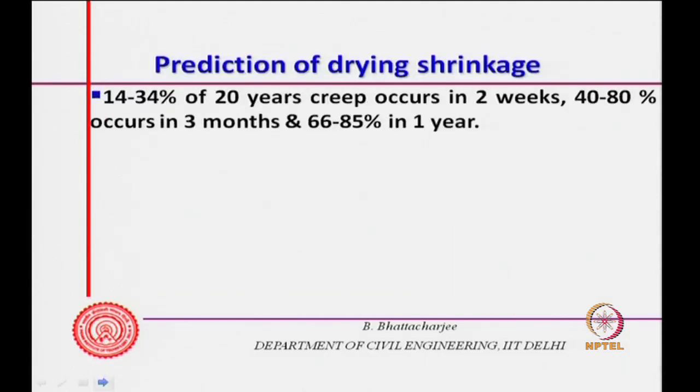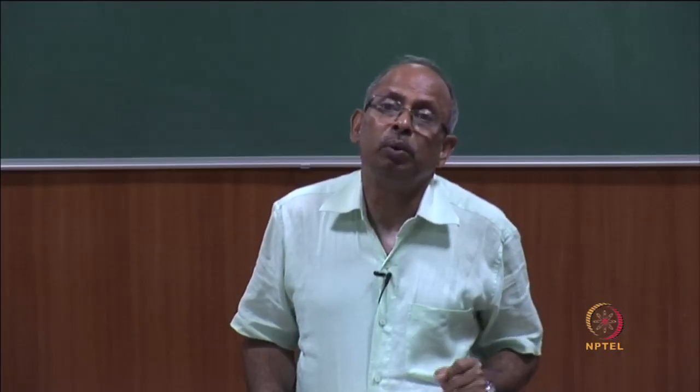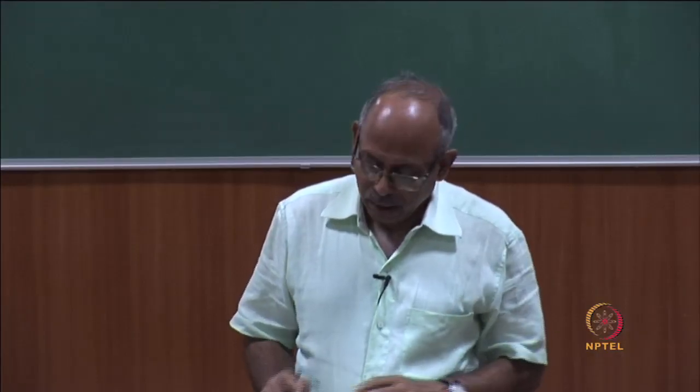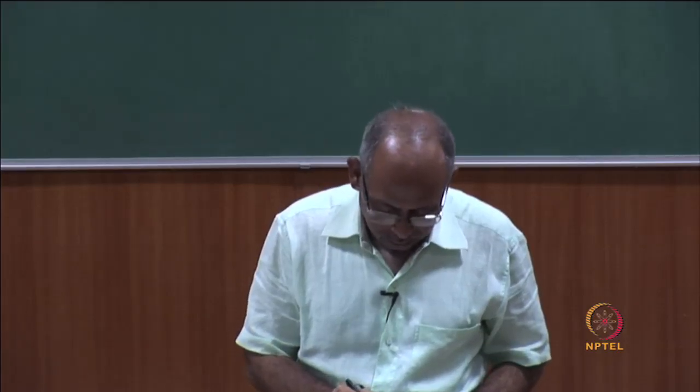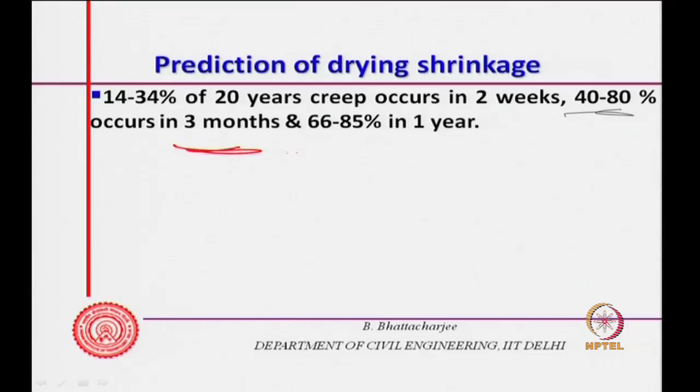Roughly, some idea wise, 14 to 35% of 20 year shrinkage occurs in 2 weeks, 40 to 80% occurs in 3 months, and 60 to 85% in 1 year.